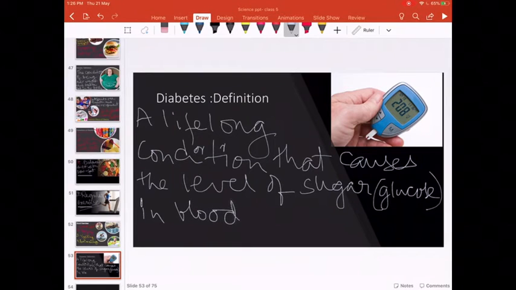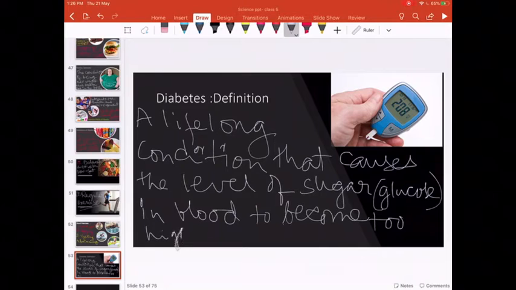The glucose in the blood becomes too high, very high, and it can also become fatal, students, if it crosses.